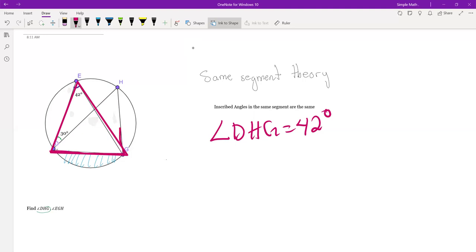If you draw two triangles, they share the same base. Sorry about the mishmash. So angle DGH is also 42 automatically. You don't have to do any calculations.